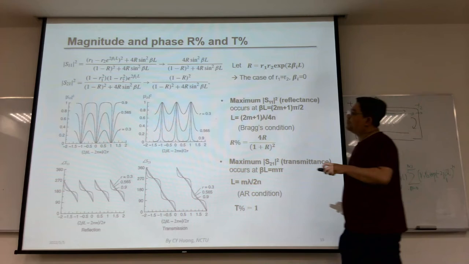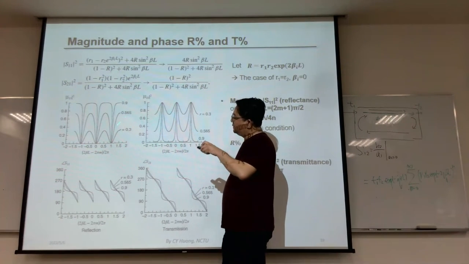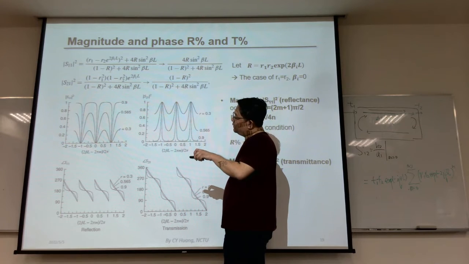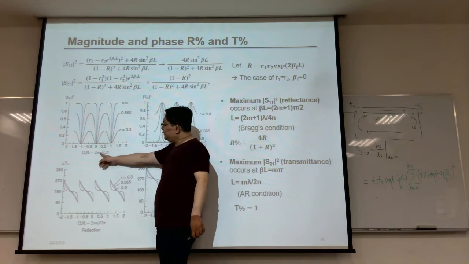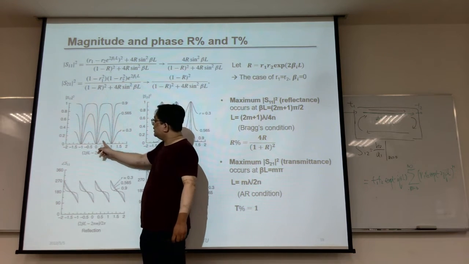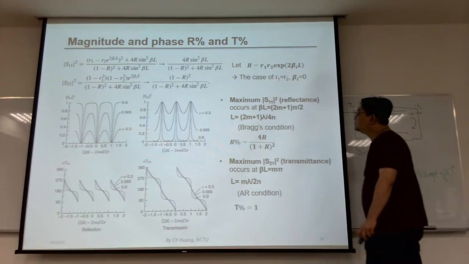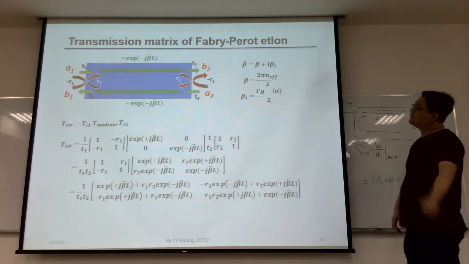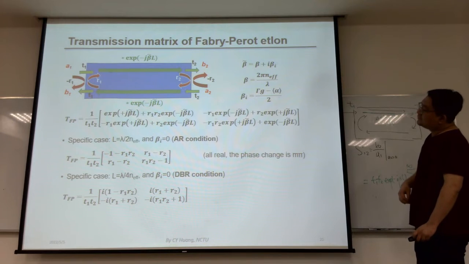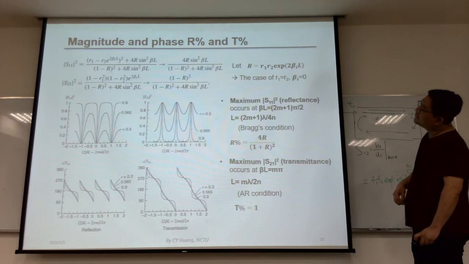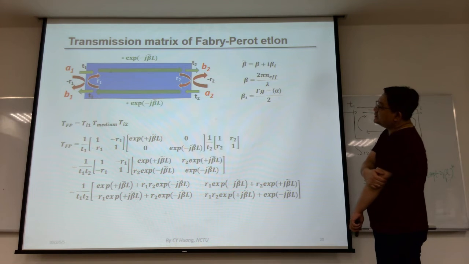And if we plot the S11 and S21 against beta L, you will find the minimum and the maximum at the corresponding positions. Alright, so this is the Fabry-Perot.